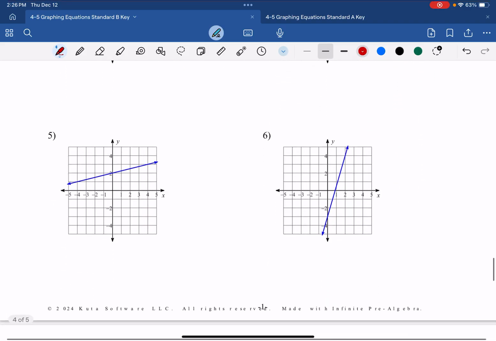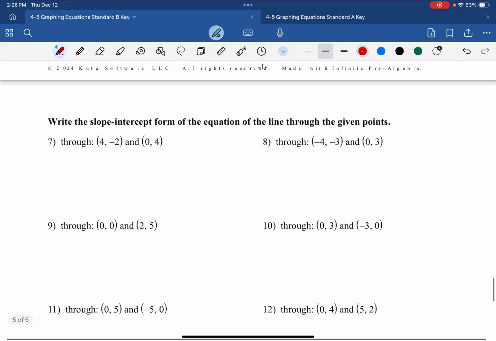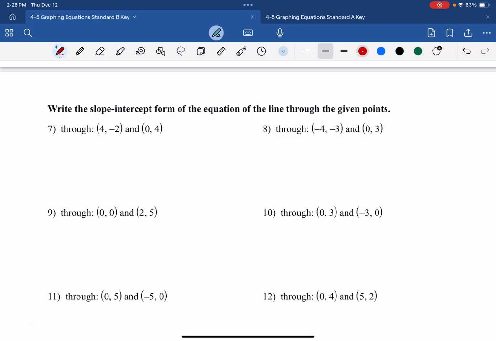Now we're going to skip those 2 and we'll just go to the back. Now the back is going to be a little different because you're given 2 points. So first you need to use that slope formula that we did before. So we're going to start with that. Okay, so first find the slope. So 4, let me go back.